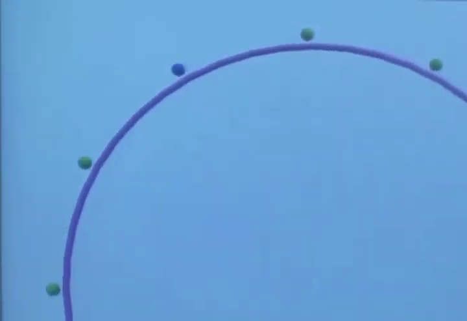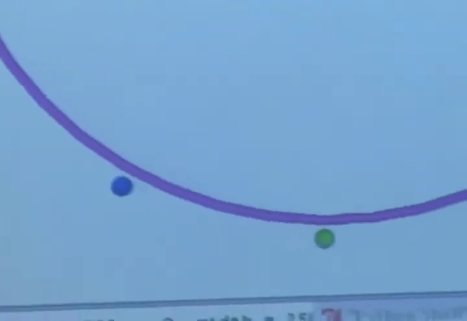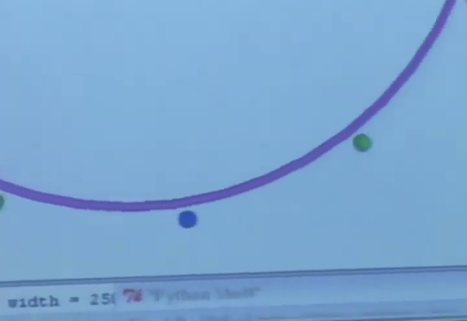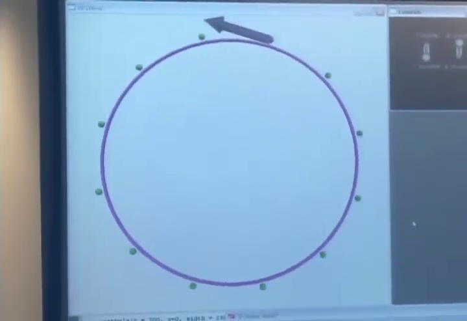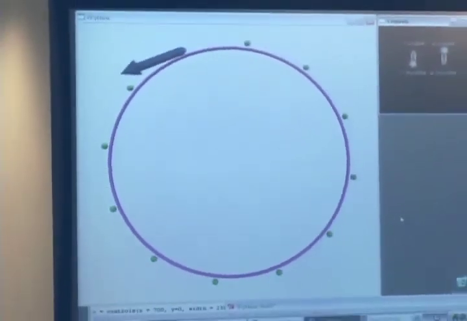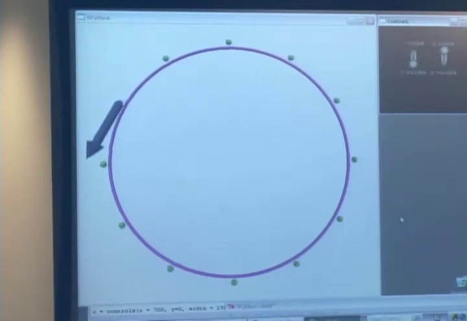Is that person's momentum changing or not? Yes, it is, isn't it? So we can attach an arrow. And we see that because it's at constant speed, the magnitude of the momentum isn't changing, but the direction is.